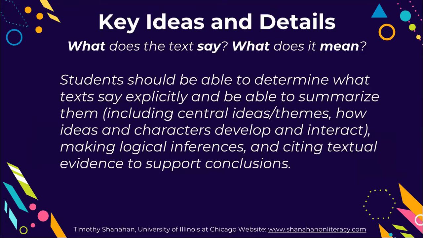These would be more straightforward questions, not necessarily just right there questions, but students should be able to determine what the text says explicitly, as well as understand some of the implicit meanings or make inferences from that. They will also be able to summarize general ideas and themes, how ideas and characters develop and interact, again making logical inferences, as well as citing textual evidence to support their conclusions.